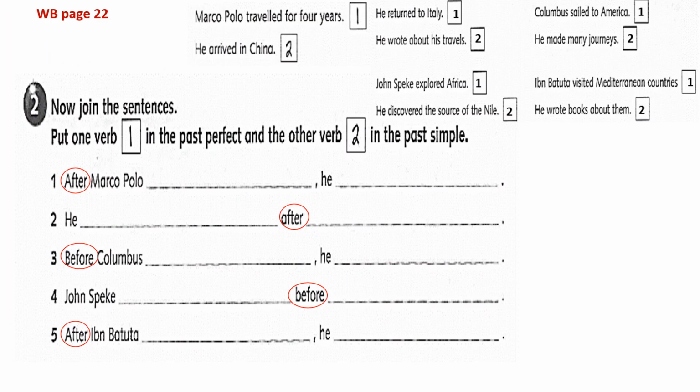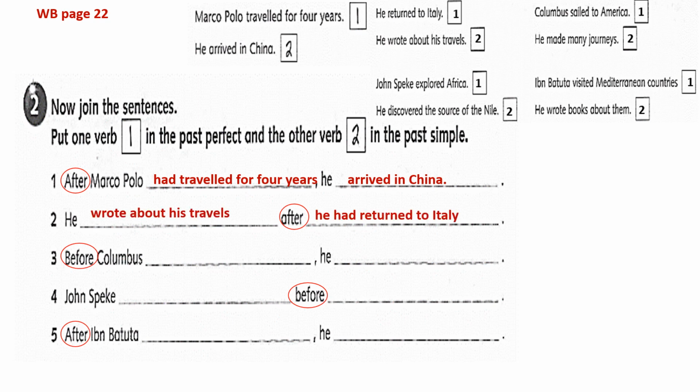Let's join the sentences. Let's put one verb in the past perfect and two verbs in the past simple. Number one, after Marco Polo had traveled for 4 years, he arrived in China. Number two, he wrote about his travels after he had returned to Italy.